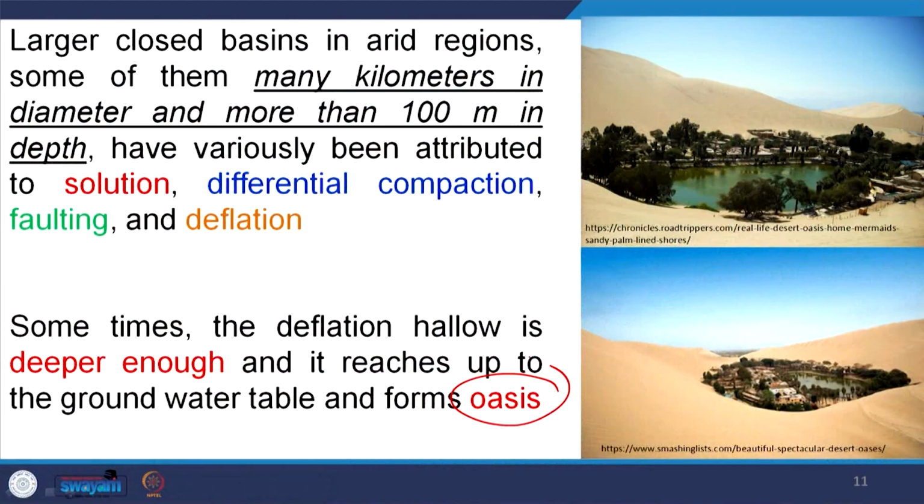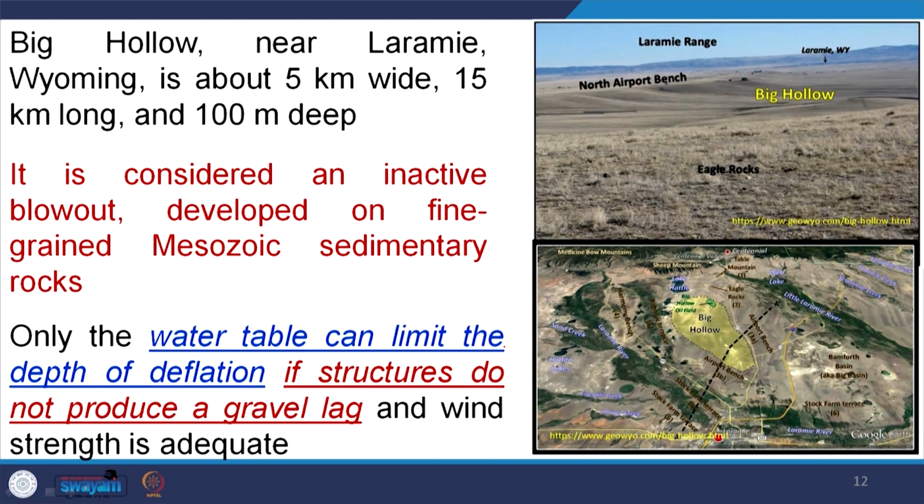But deflation hollows, we only and only use the terminology if the removal of material or depression is formed by deflation only. Big hollows near Laramie, Wyoming is about 5 kilometer wide, 15 kilometer long and 100 meter deep.